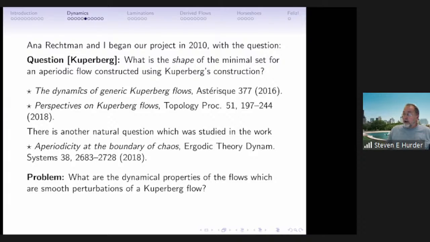This turned into a multi-year project lasting long past when she had left Chicago for Strasbourg. But we produced at the end this 200-some-page manuscript that is published in Astérisque, where we analyzed all sorts of properties of the Kuperberg flow. And I'll describe that next.